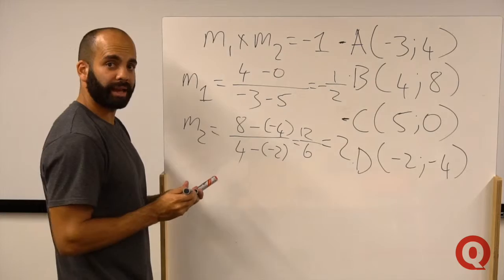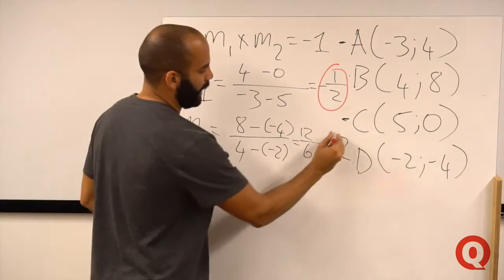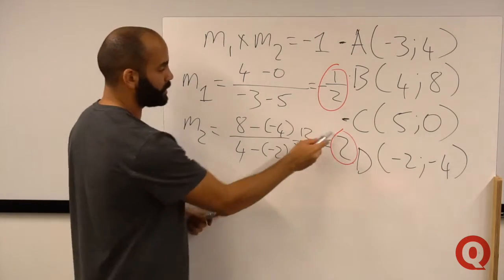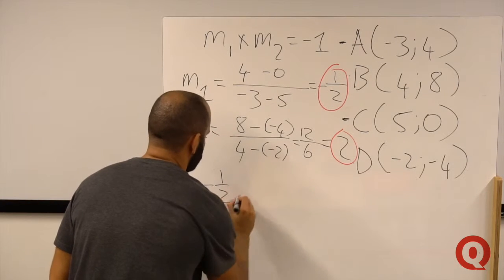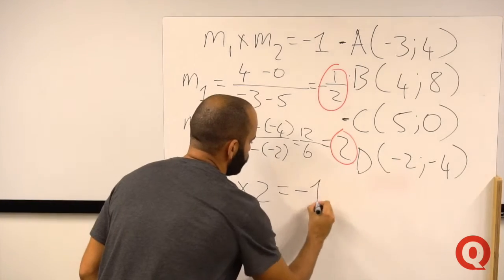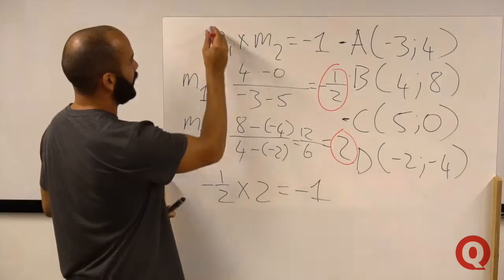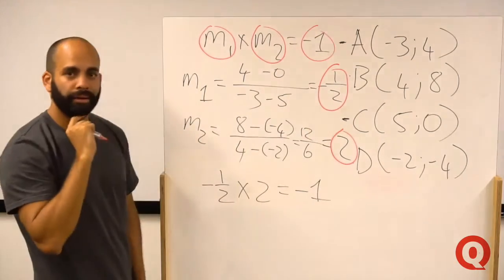So what are the results that I got? -1/2 and 2. So what would the product of these two results be? -1/2 times 2 would give you -1. So you've proven that M1 multiplied by M2 gives you -1.